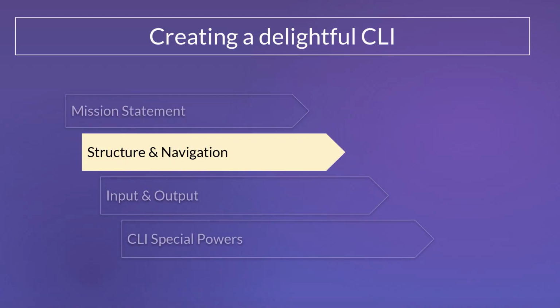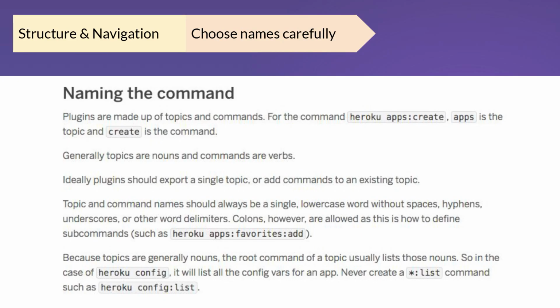Next, structure and navigation. So in the CLI, you don't have the visual real estate that you have in the browser, so the tool that you have are words. And how you structure those words and what words you use become incredibly important. In the CLI particularly, once you've created a command as a developer for your users to use, there's a huge amount of muscle memory that goes into that.